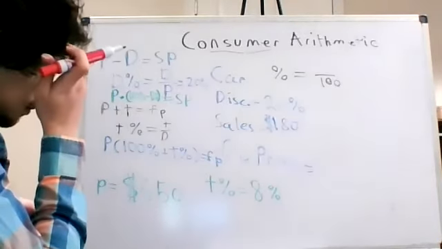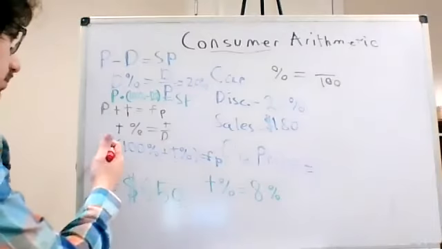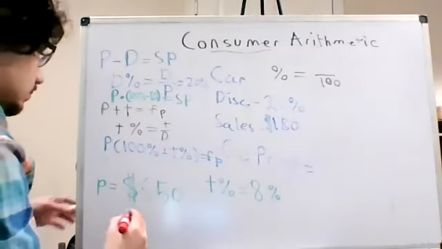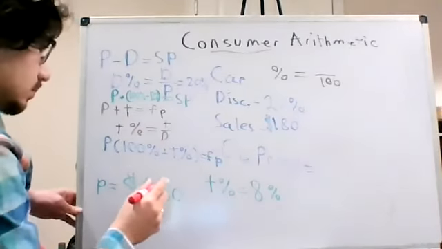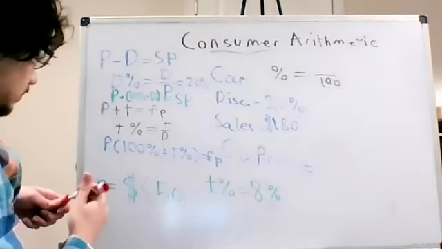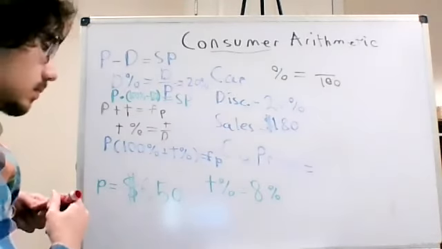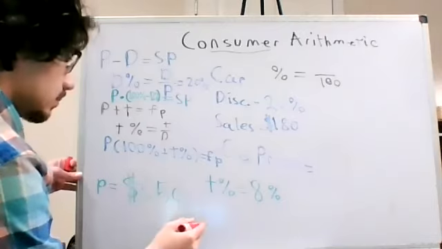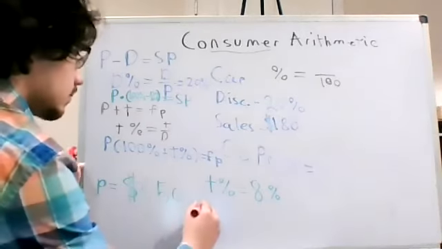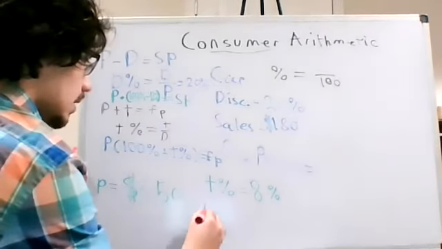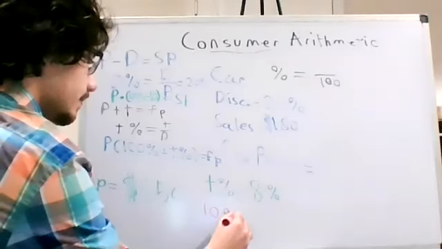As the equation there, P, which is price, multiply 100% plus percent equals final price. Of course, you have to do the brackets, 100% plus percent, which is 100% plus 8%, which is 108%.